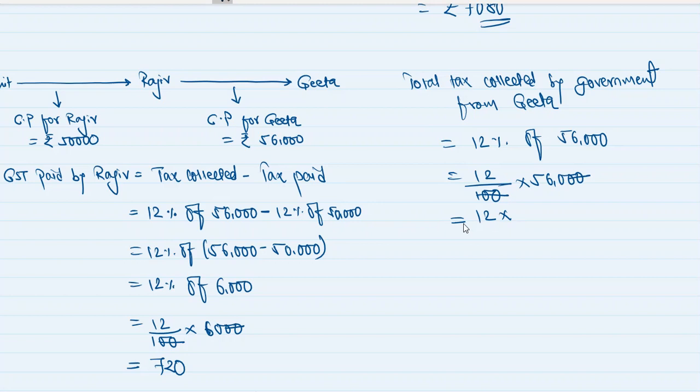Okay, so 12 multiplied by 560 is rupees 6720.